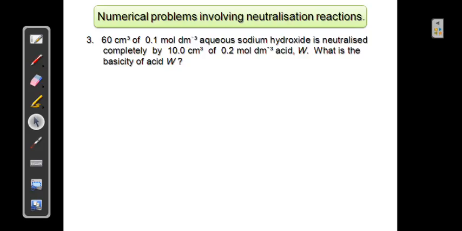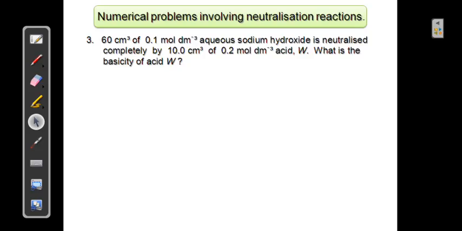One is 60 cubic centimeter, the other is 10 cubic centimeter. The sodium hydroxide solution is 0.1 mole, whereas the acid is 0.2 mole. You look at the numbers. So offhand you can see that 60 over 10 is 6 times, but then it's 0.1 mole over 0.2 mole. Meaning you have to divide this by 2.